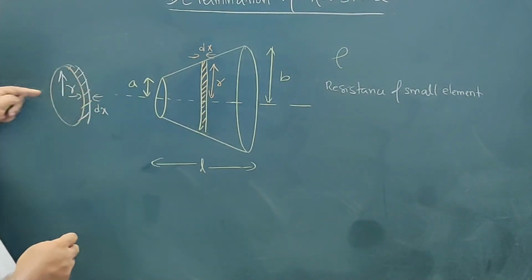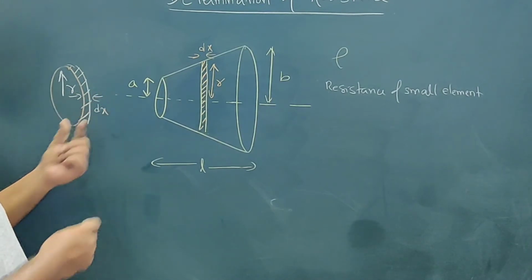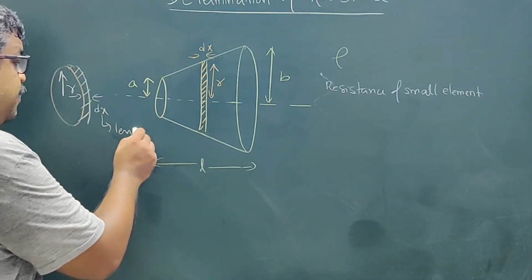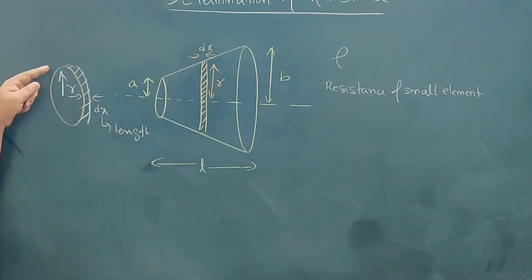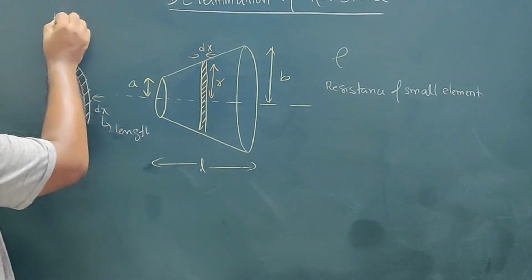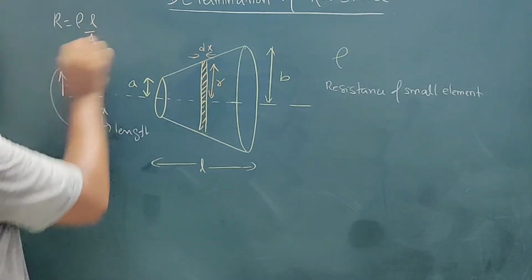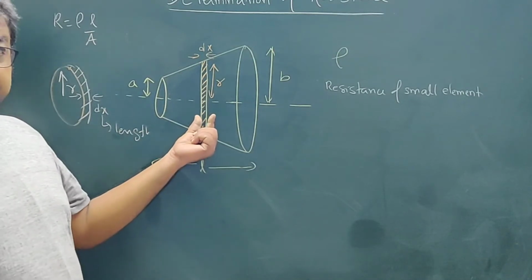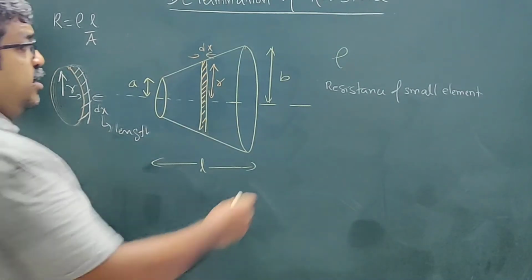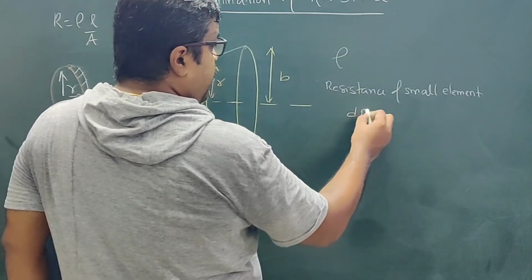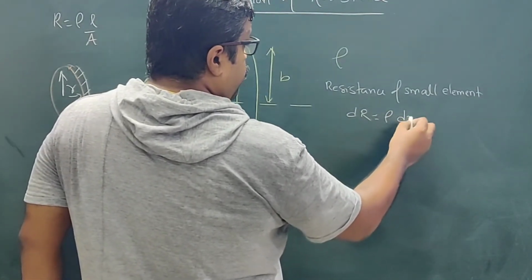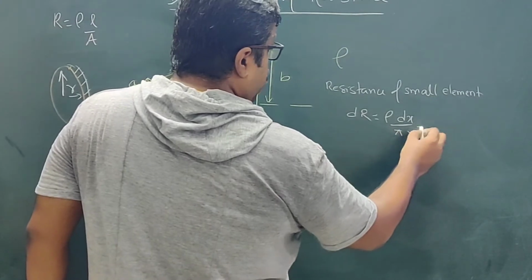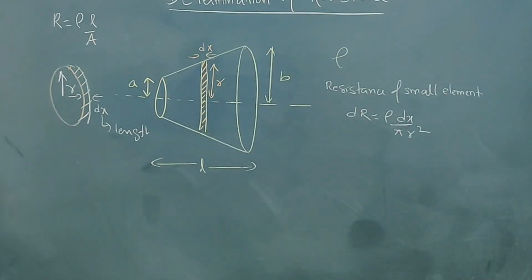The current will flow like this, so dx will be the length of the conductor, and from r we can calculate the cross-section area. The general formula is R equal to rho L by A. So for this small element, the small resistance dR will be rho dx by pi r square, where r is the radius of this disc.